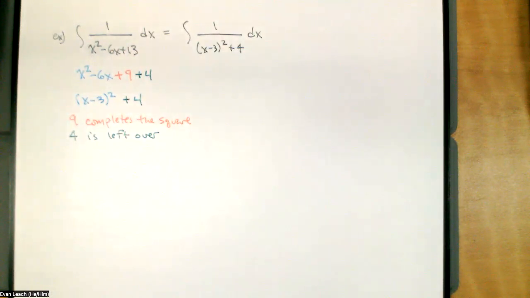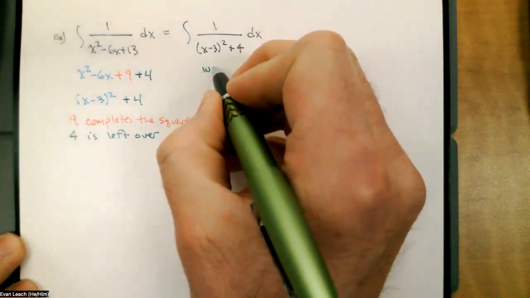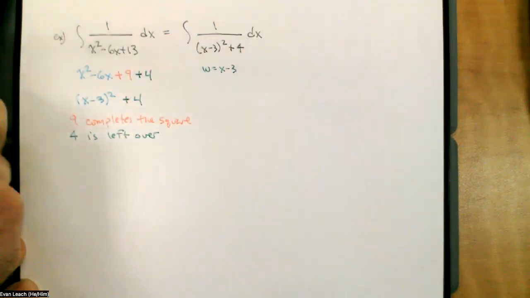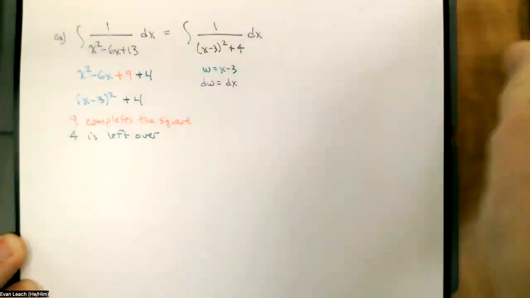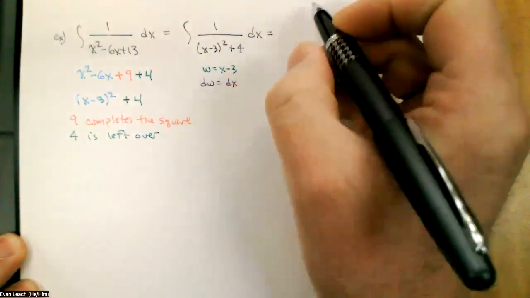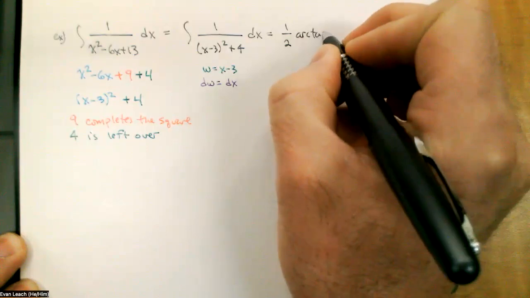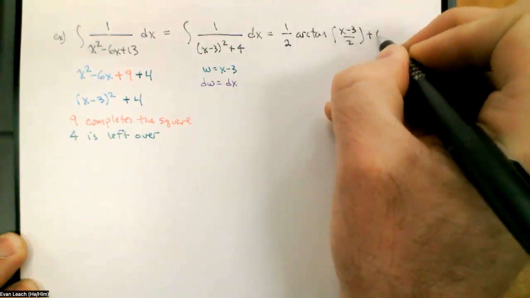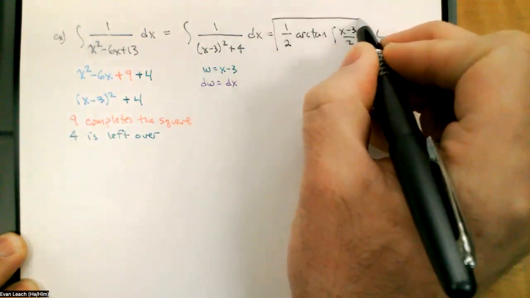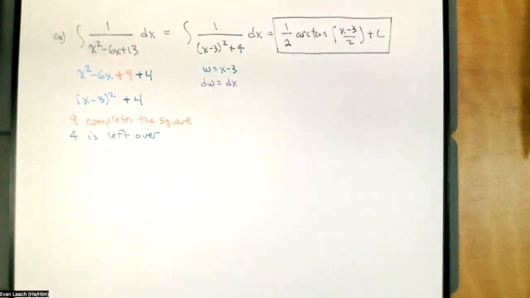And now we can see an arctangent, degree 0 over degree 2 with complex zeros. The substitution would be to say w is x minus 3. dw is just dx. And this has the form 1 over x squared plus a squared.